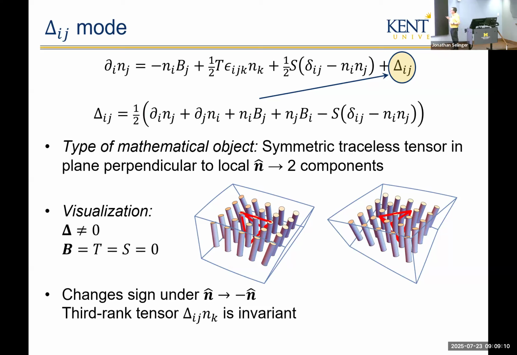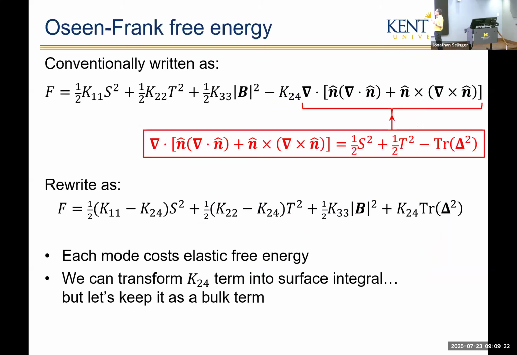It doesn't have a well-established name. I'll just call it the delta mode here. This is some fourth kind of way that a director can vary as a function of position. Now we've got these four kinds of first derivatives of the director.